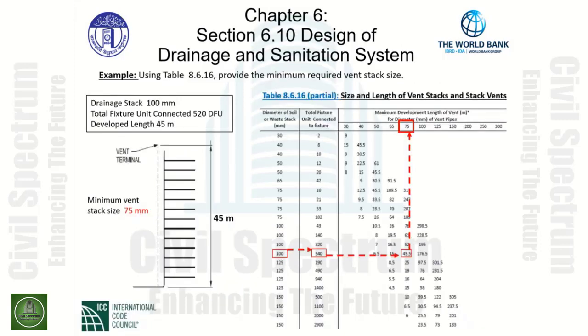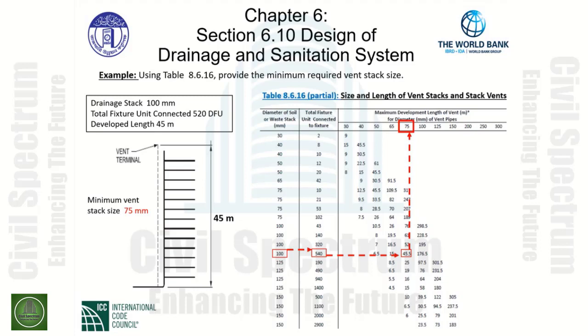An example using Table 8.6.16: provide the minimum required vent stack size. According to our drawing, we have a multi-story building. We have a vent stack indicated with a vent terminal and a total developed length of 45 meters.